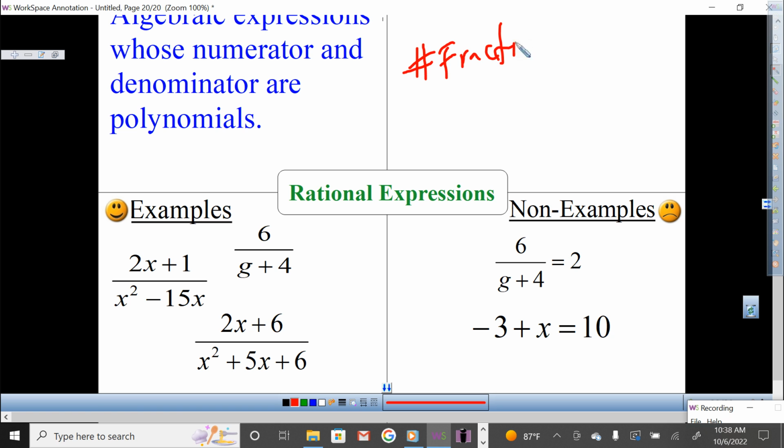Hashtag fractions. What else makes them a rational expression? Polynomials, okay. Hashtag polynomials. How about hashtag no equal signs? Yeah? All right.